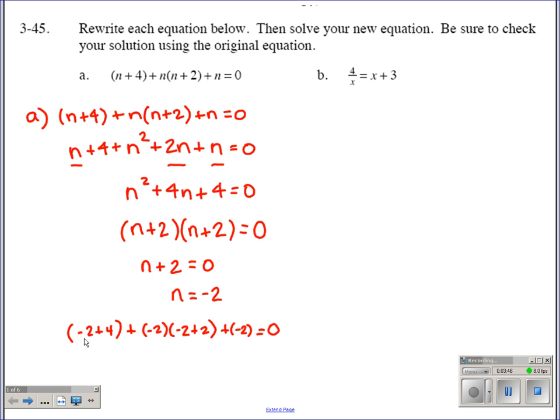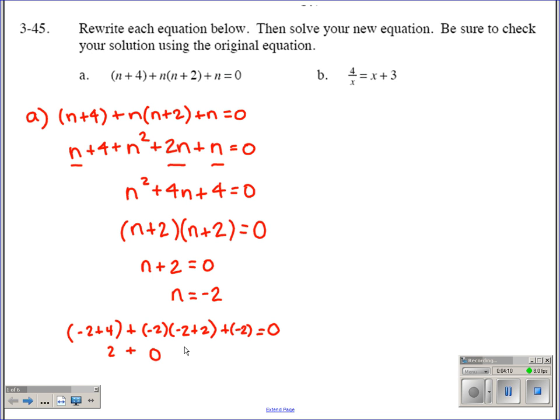And let's simplify this and look and see what we get. -2 plus 4 is 2, plus we have -2 times the quantity of -2 plus 2. Well, we know that -2 plus 2 is going to be 0, so this is the same thing as saying -2 times 0, which we know the product of that would then end up being 0.